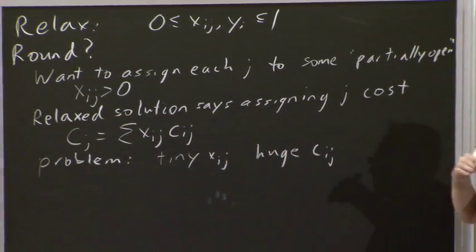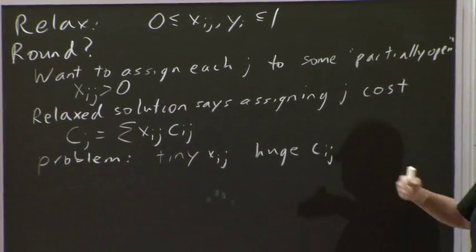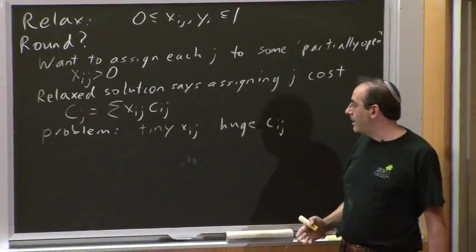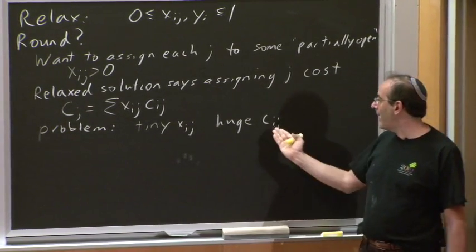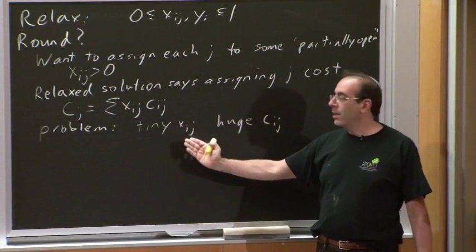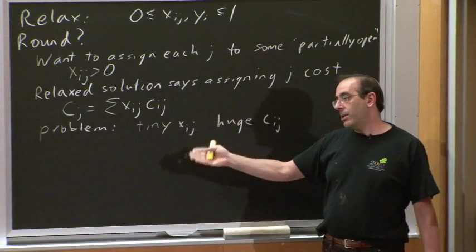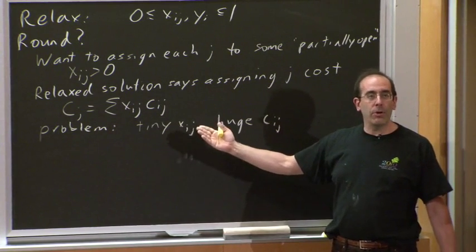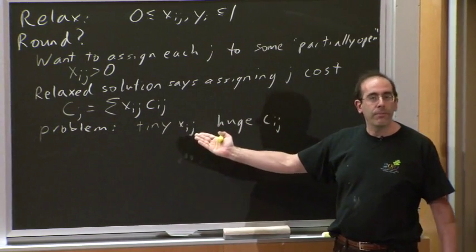Right? And this is coming back to the intuition that you articulated. The thing that can make a mess is if the fractional solution is using a little bit of some really expensive assignment, but it's not hurting the fractional solution because it takes only a little bit of its capacity from there. Now, what's going to rescue us from this is that we're going to say, well, if it's only using a tiny bit, then we can ignore it. Okay?